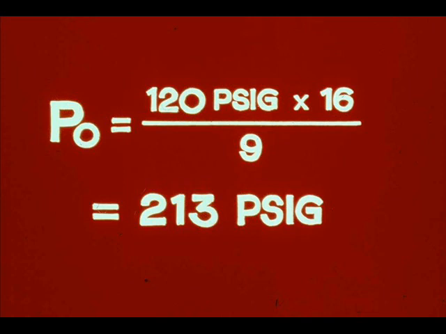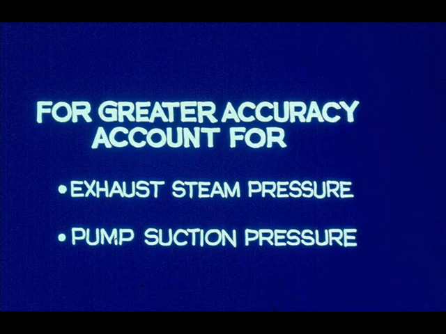P sub O equals 120 psig times 16 over 9 equals 213 psig to the nearest whole number. Where great accuracy is required, such factors as exhaust steam pressure and pump suction pressure must be taken into account. But the formula is accurate enough for most purposes.